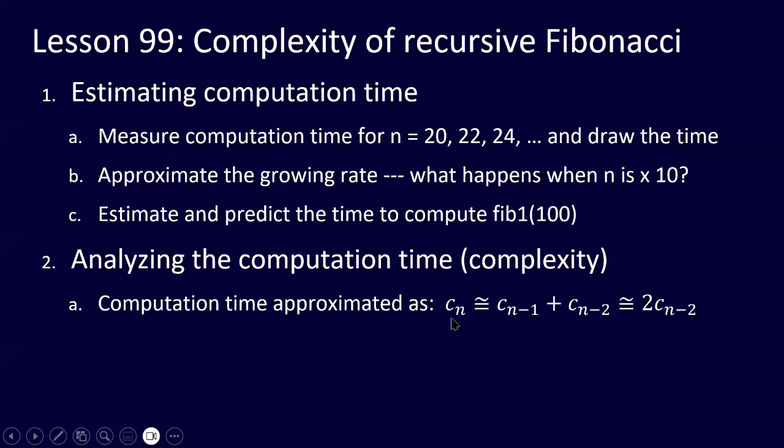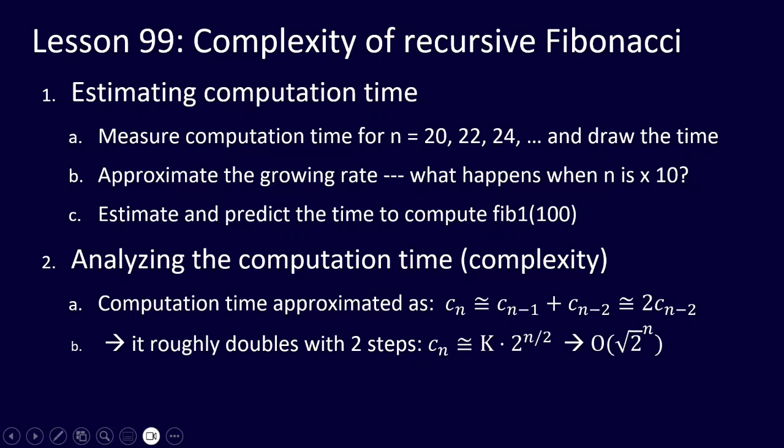And these are very close to n, so these can be approximated as 2 times c sub n minus 2, meaning that it roughly doubles with 2 steps. So in this case, we can write the computation time is k times 2 raised to the power of n over 2.